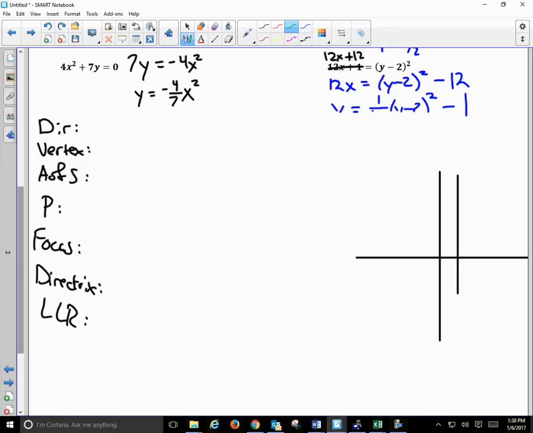Direction, down. Y equals, so it's vertical. Negative, so it's down. Vertex, 0, 0. So today we've done 2 that are shifted, and we've done 2 where they're centered at 0, 0. So I'll make a graph.